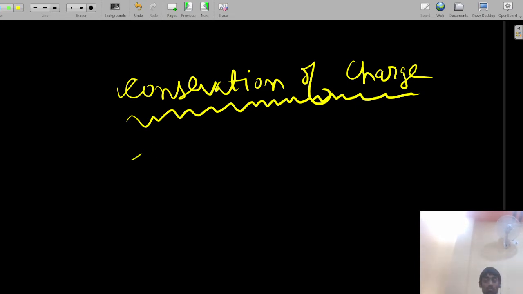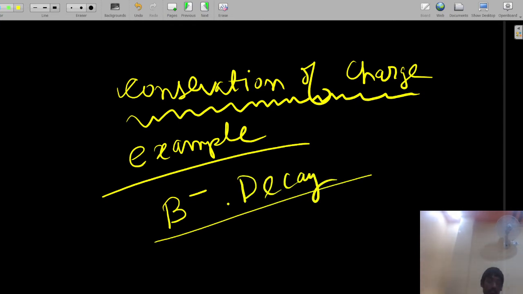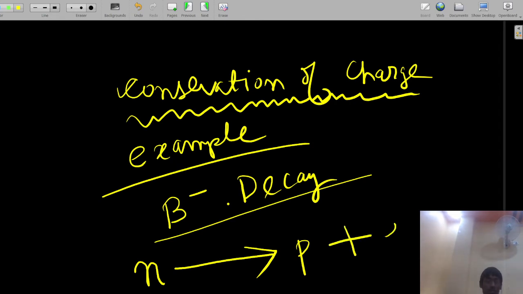For example, in radioactivity, we are taking one example, that is beta minus decay. One neutron undergoes dissociation into a proton and an electron, and it forms a neutrino.